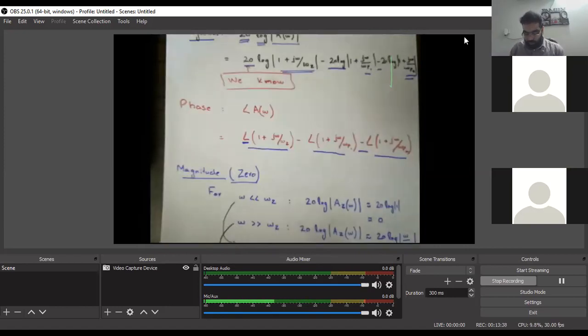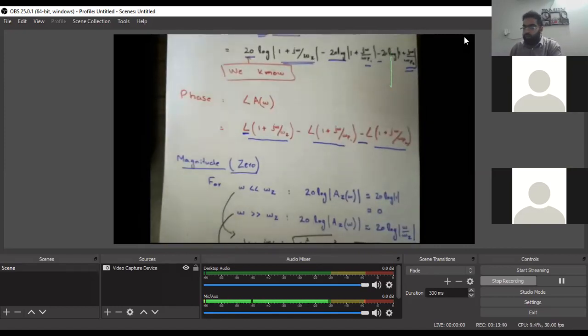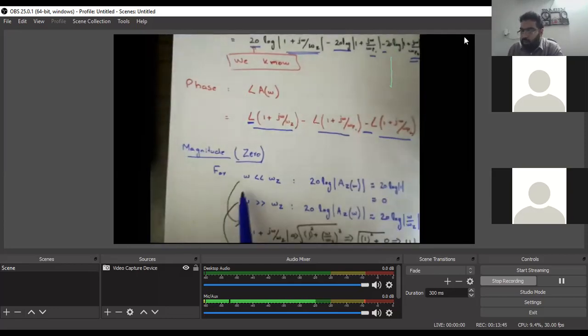Okay. So now let's go back to how we see the magnitude response and how we decide that magnitude response. For the magnitude response, the rule of thumb is that we need to see 2 points. The first point is the point where omega, or the desired frequency, is very much less than omega z.